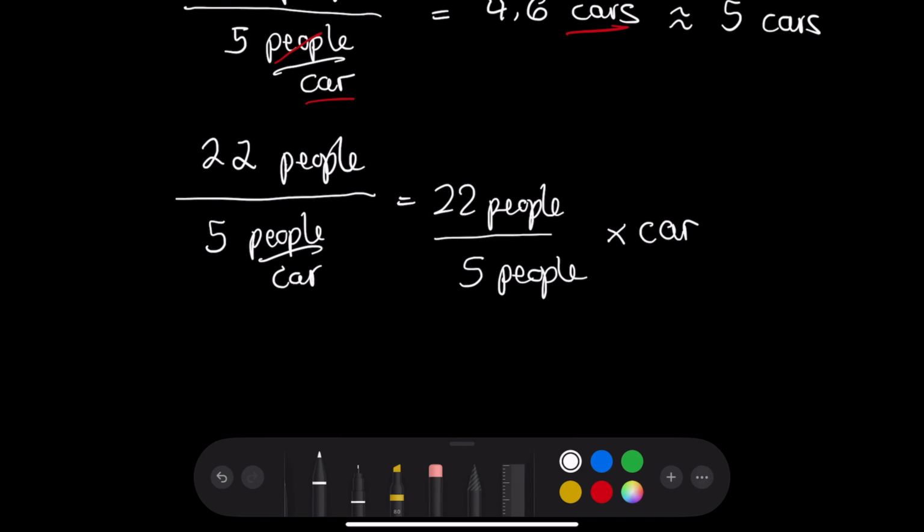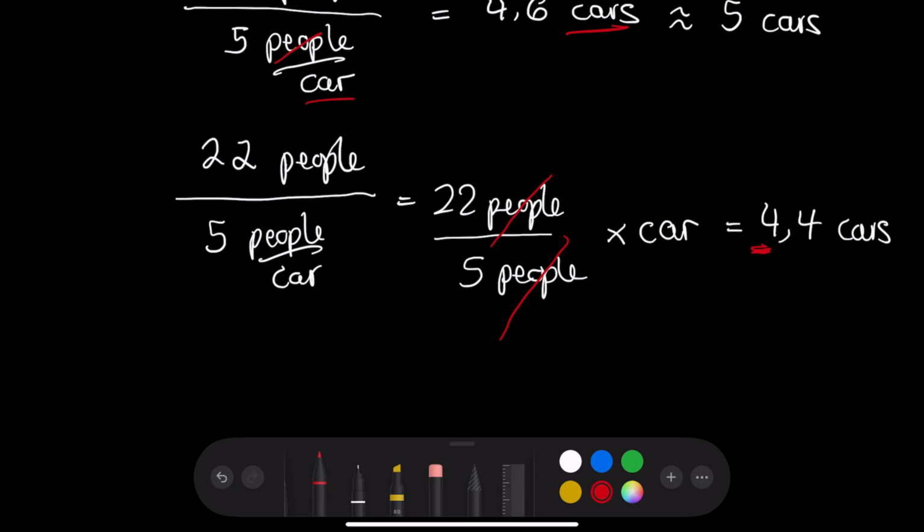And that would give you 4,4 cars. Then once again, based on the common rounding off rules that I know, they will tell me that I need to round off 4,4 to the number 4.